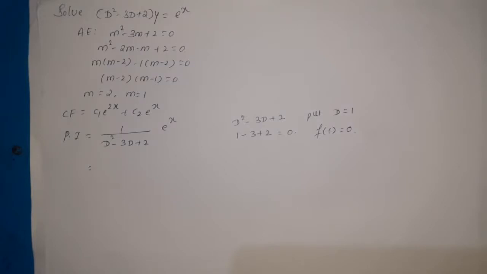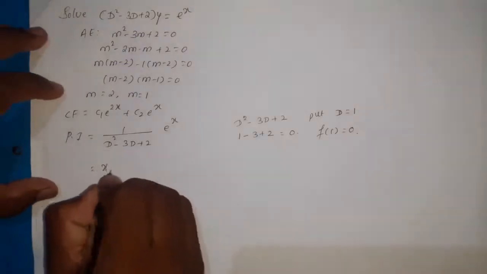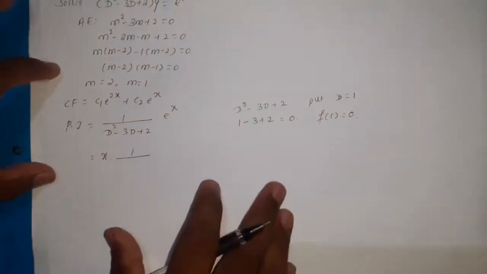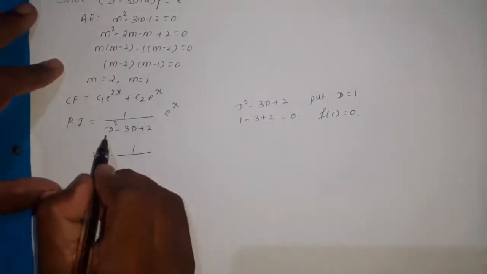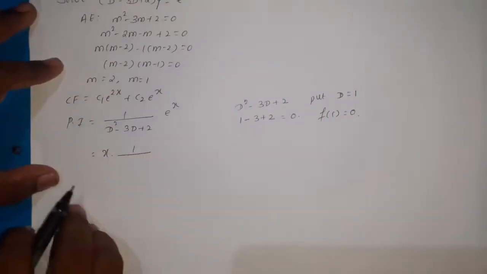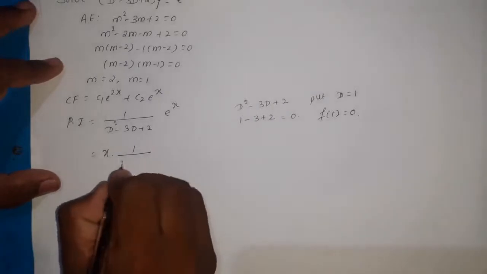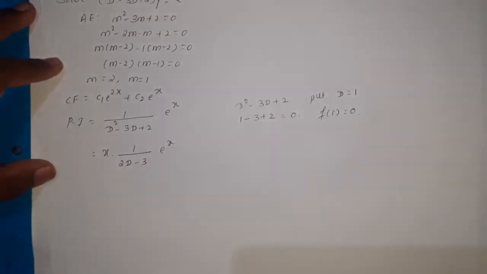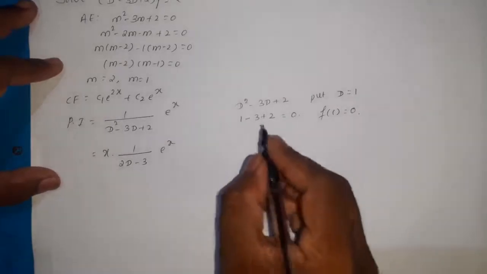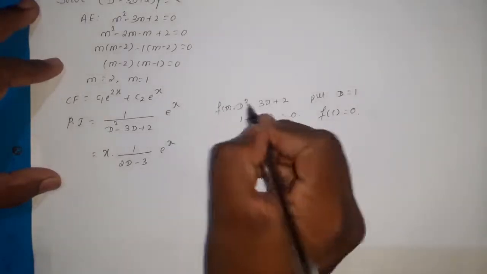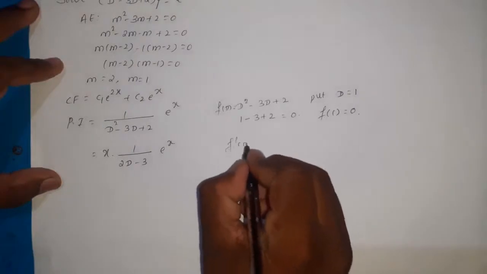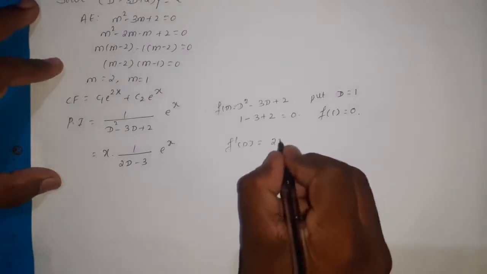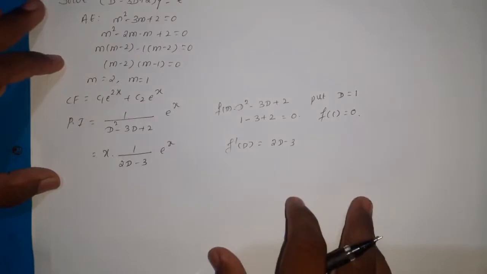Then x into 1 divided by f dash of D into e power x. So it is x into 1 divided by f dash of D, that is the differential of the denominator with respect to D, which becomes 2D minus 3, e power x. Here it is f of D, then f dash of D is equal to 2D minus 3.